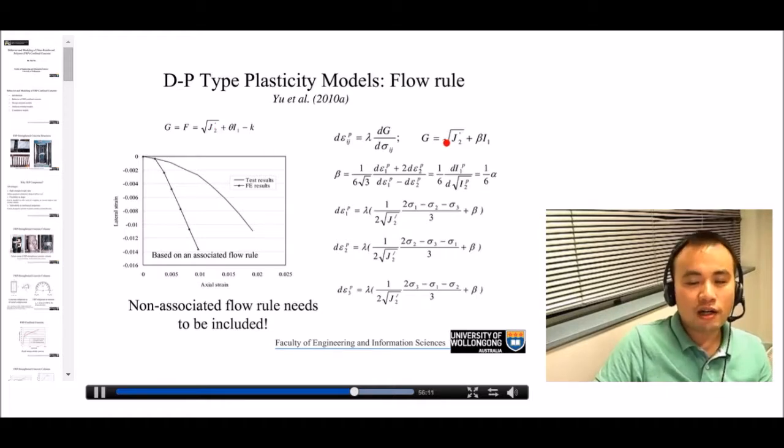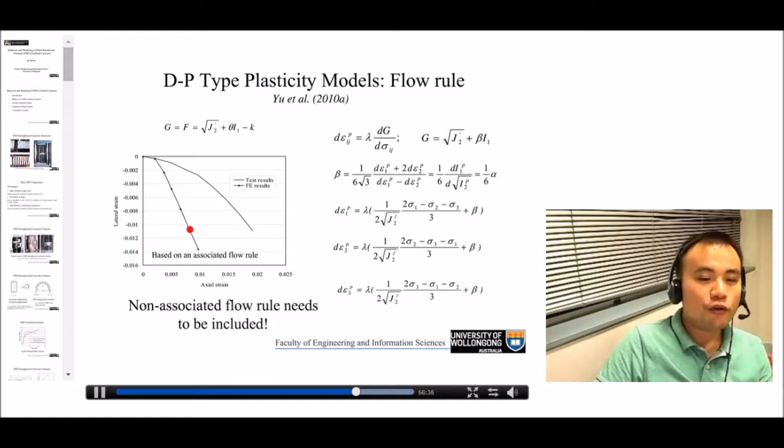Okay? If you use an associated flow rule to predict the behavior of concrete, this is what you will get. So this curve is what you will get. Basically, you end up with a much larger lateral expansion than what you get from the experimental test.